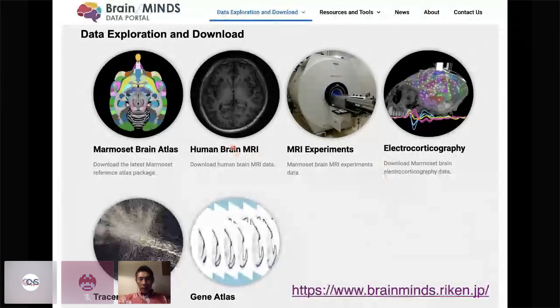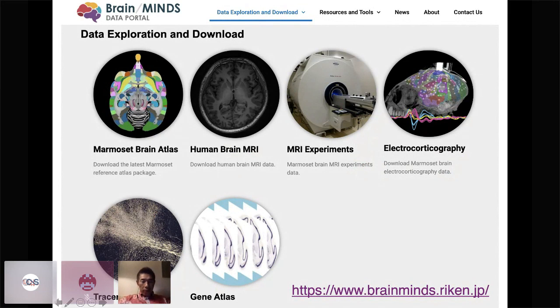We have a high-field, 9.4 Tesla MRI for marmoset monkeys, and we performed electrocorticography, so brain waves were measured from the cortical surface, and also tracer injections and so on.